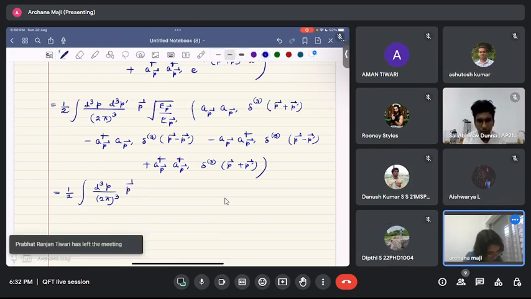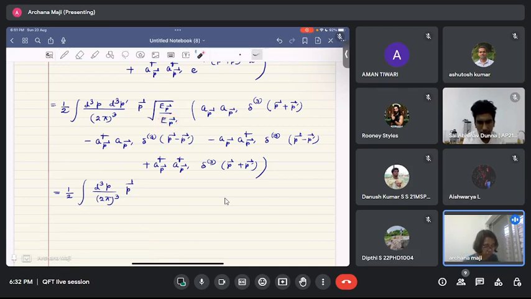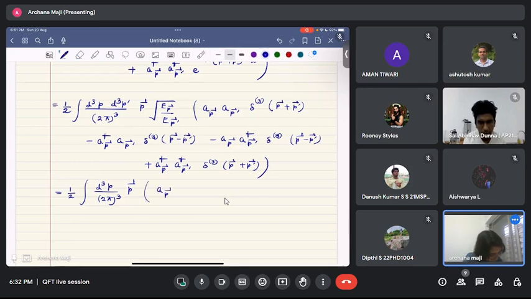Keep p outside. Since p prime will be replaced by minus p, but e p prime is the square root of p prime squared, that doesn't get affected and these two get cancelled out. Okay, and we will be having, so this is a p a minus p.